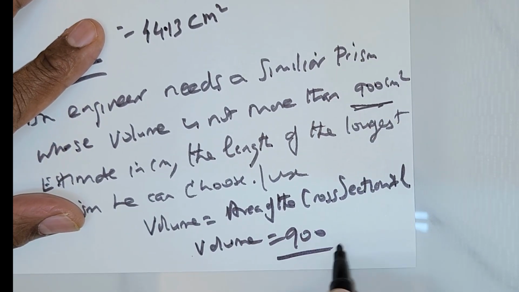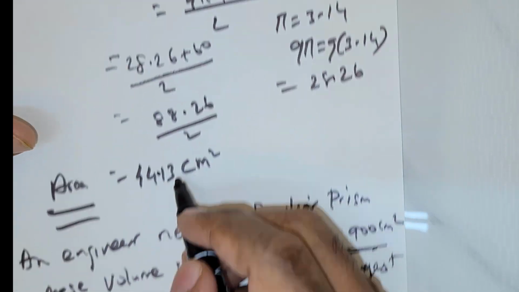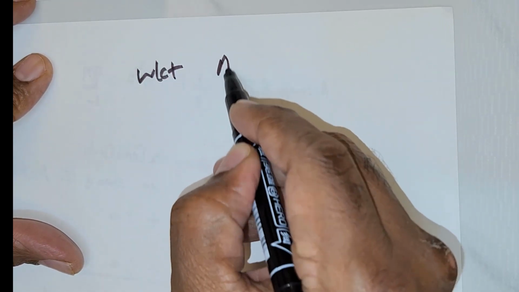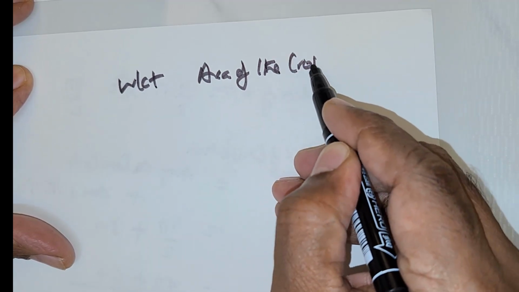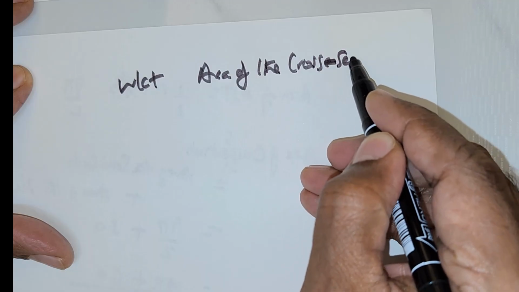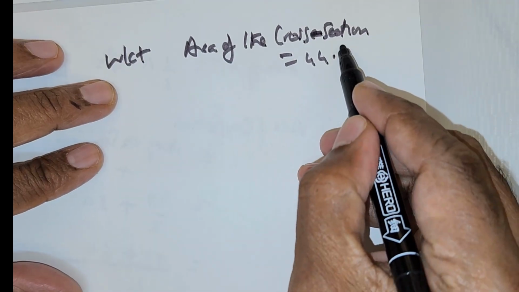So we take volume to be as 900. Now area of cross section is 44.13.